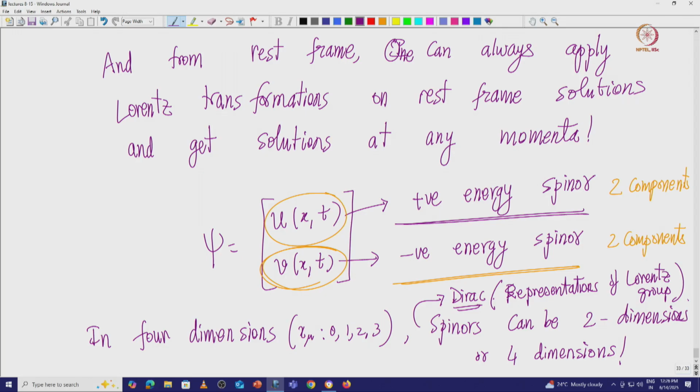The representations of the Lorentz group can be either 2 dimensions or 4 dimensions. When I mean 2 dimensional, each dimension corresponds to a 2 component spinor or 4 component spinor. Now, I want you to distinguish between the number of space time dimensions and the number of spinorial dimensions. There is a relation, but they are not in general equivalent to each other.